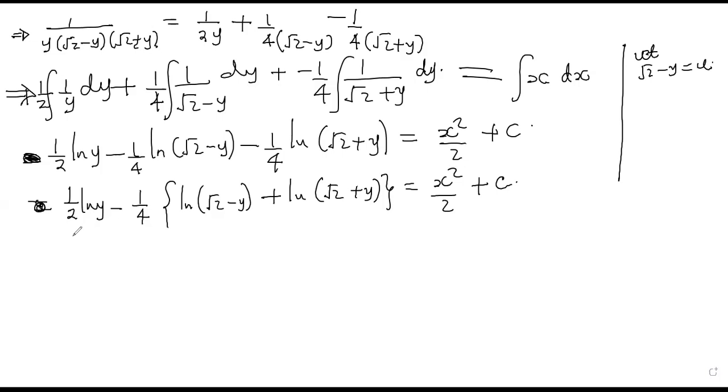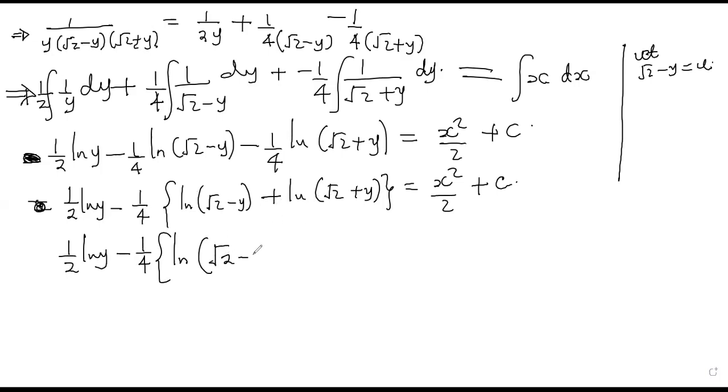So it means that here I will have, since I'm adding, a half ln y minus a quarter. So I can use a single natural logarithm ln. Since I'm adding, I will be multiplying these numbers.